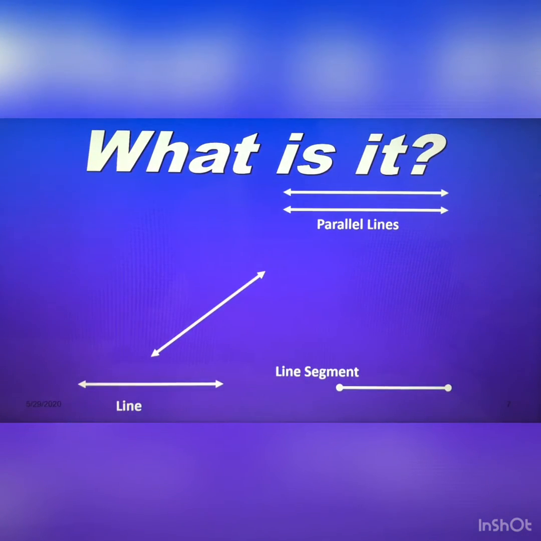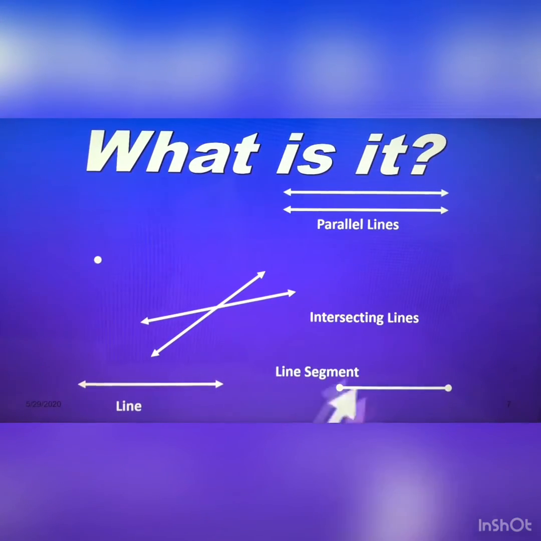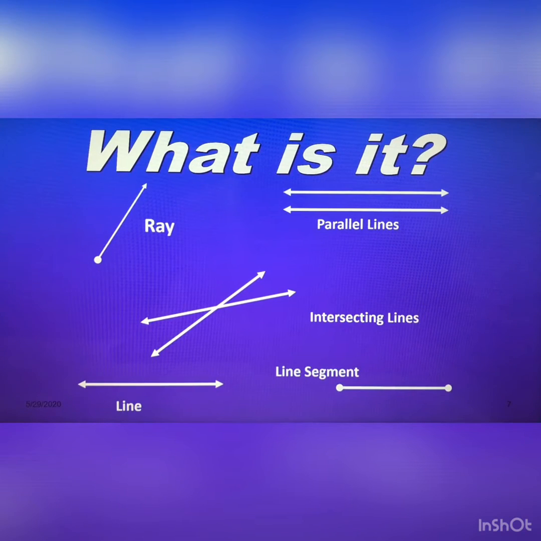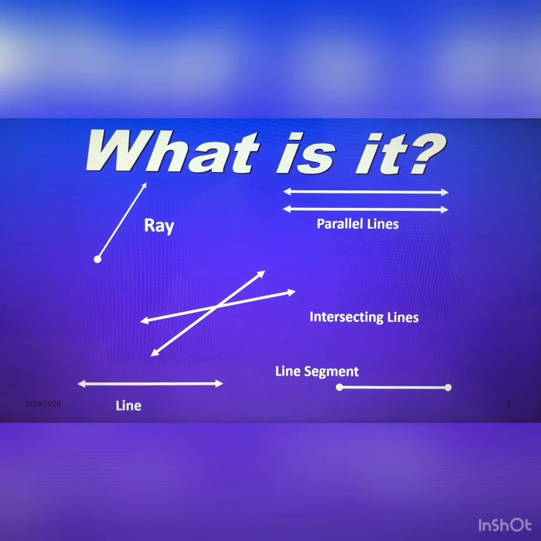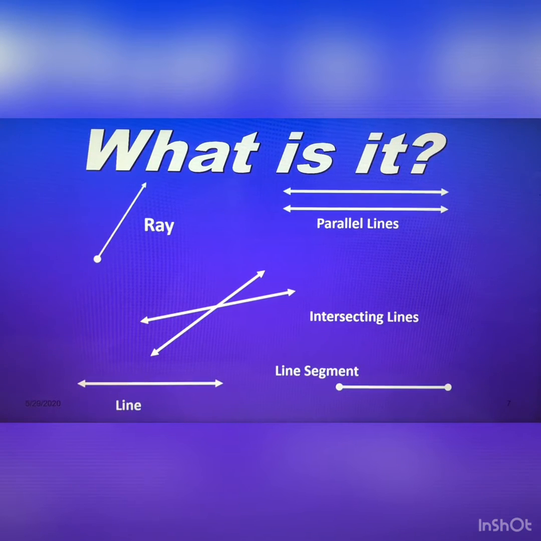And this geometrical figure, what do you say? Intersecting lines, correct. And the next figure, what do you say? Yes, your answer is correct. This is a ray. So I think the concepts of ray, line segment, line, parallel lines and intersecting lines are clear.